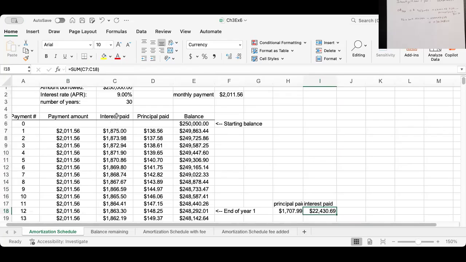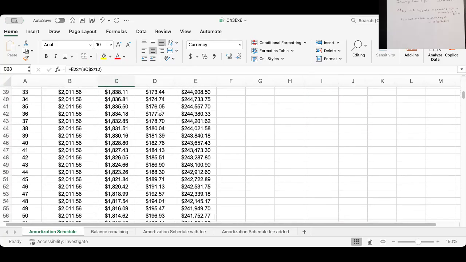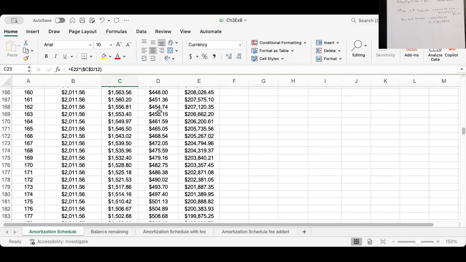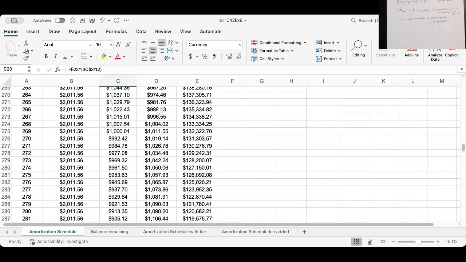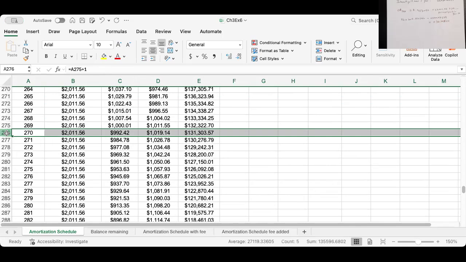Column C is the interest. Interest keeps going down. Column D is the principal. It keeps going up. By the time I'm halfway through, 180 payments, they're much closer together. 270 payments, they've switched.